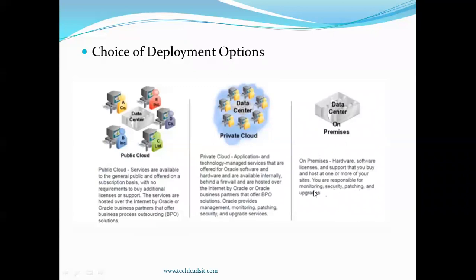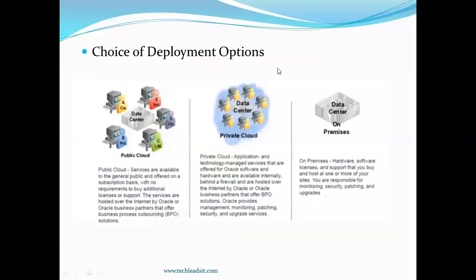The organization is responsible for monitoring, security, patching, and upgrades. Only Oracle will provide hardware and software support. This is on-premise. So we have various deployment options available in Oracle, like public, private, and on-premise.